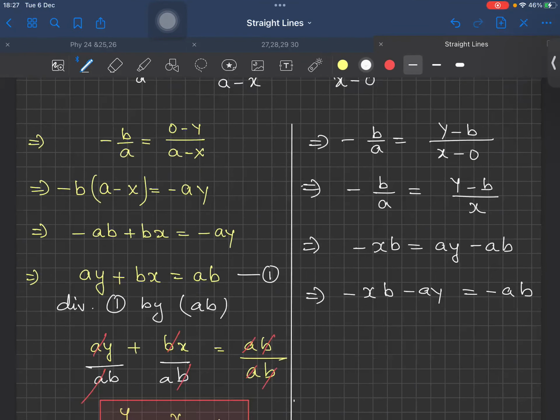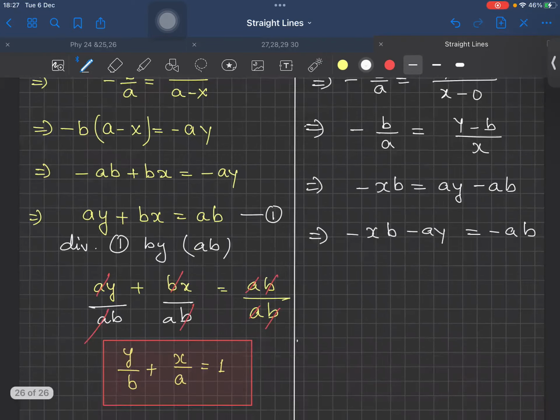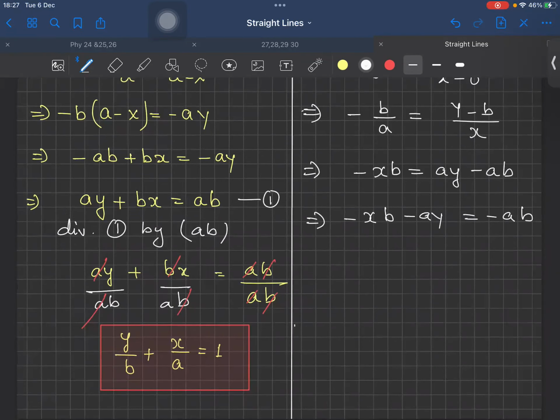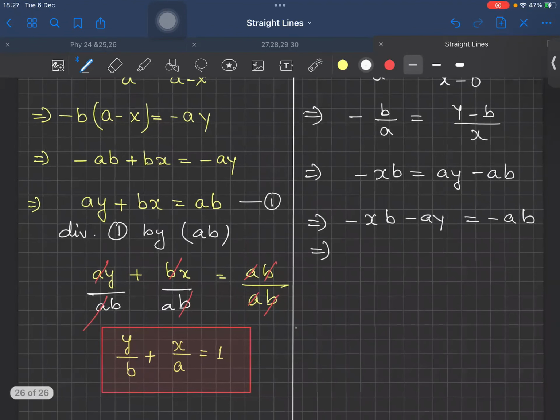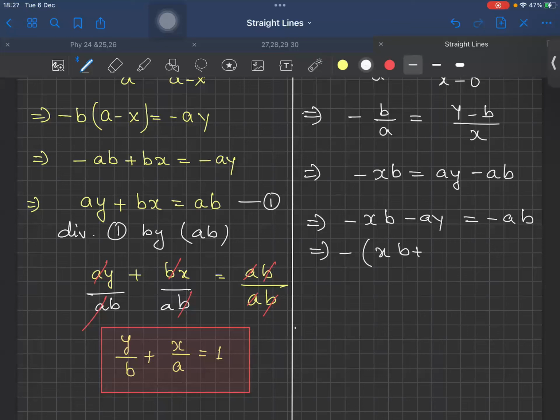So can we write this as XB plus AY is equal to AB? I've just taken minus 1 common. I'll show you that step as well. You can take minus 1 common, XB plus AY, is equal to minus AB, and we cancel out this.